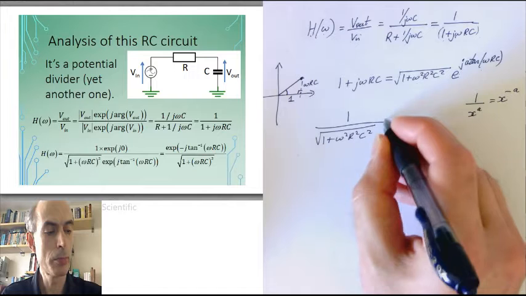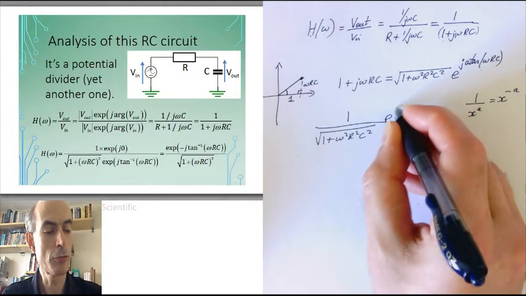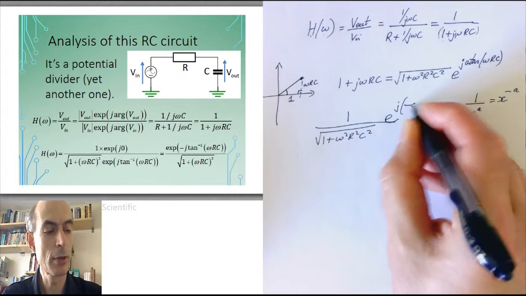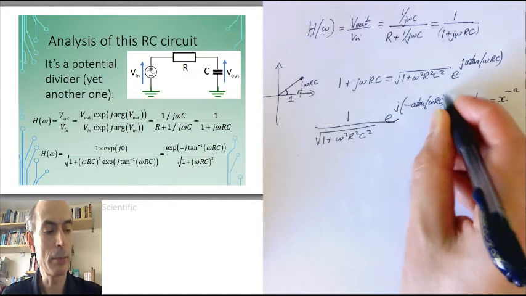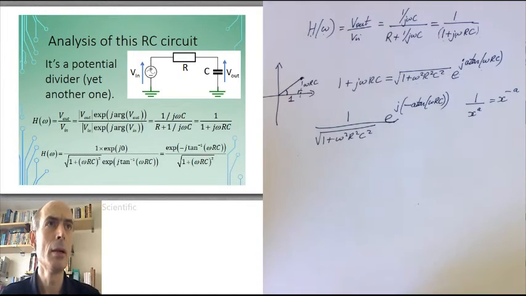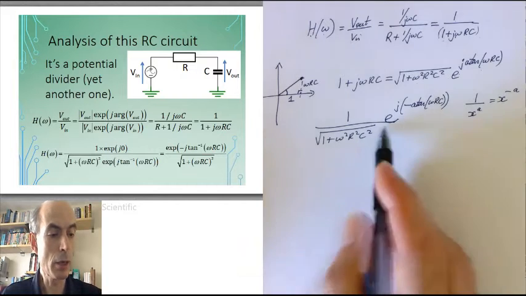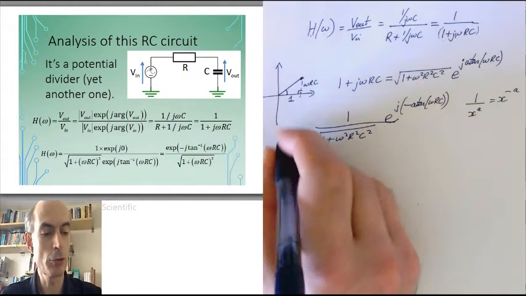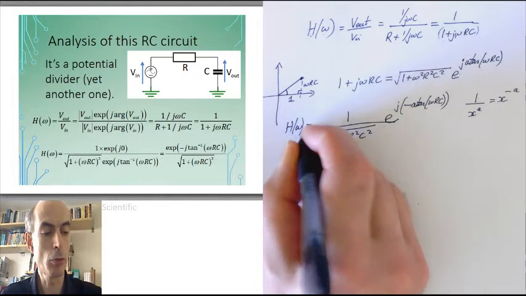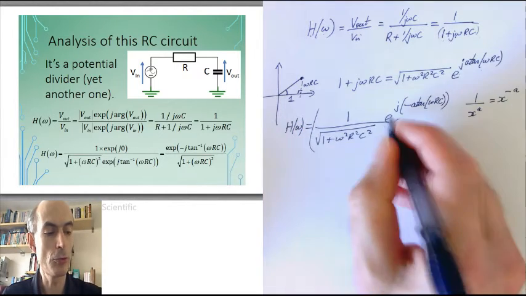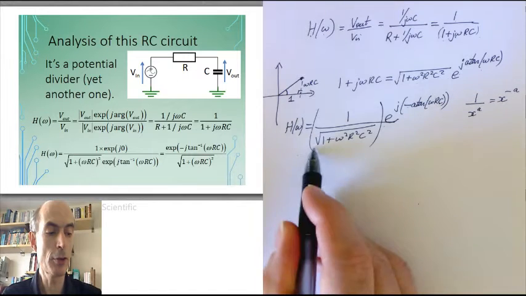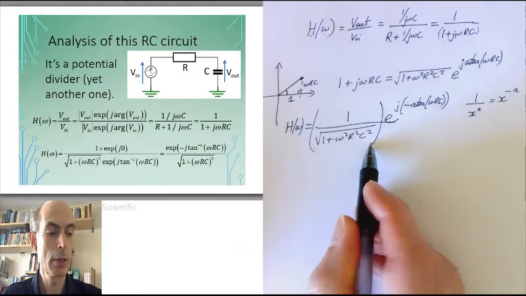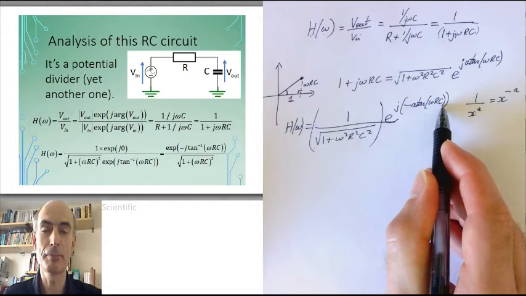Therefore this would be e to the power of j times minus atan omega RC. Right, so I've now got my frequency response, H of omega, in the form of a magnitude and a phase term. And this is my amplitude response, and this is my phase response.